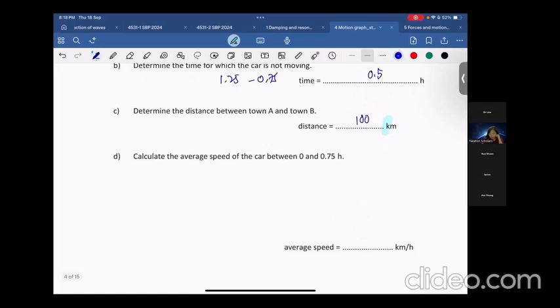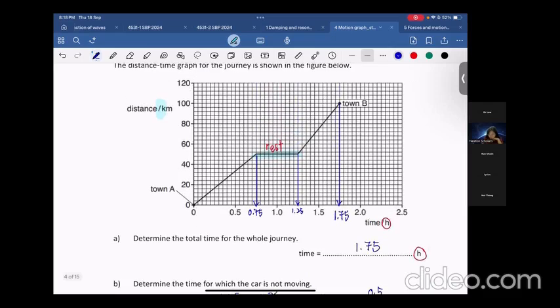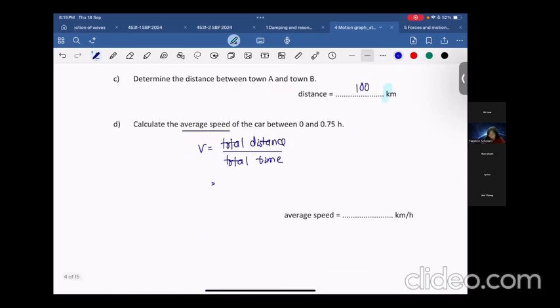What is their average speed? Average speed is actually total distance divided by total time. Total distance here, if you read it, is half of it, so 50 kilometers, divided by the time.